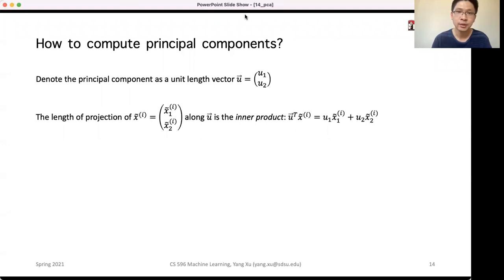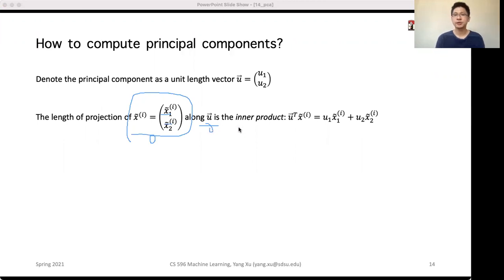We want to know the length of projections of these original data, which is of course first normalized, right? We have tilde to each dimension. So that is the data points. We want to compute the projection of this vector onto the unit length vector u.